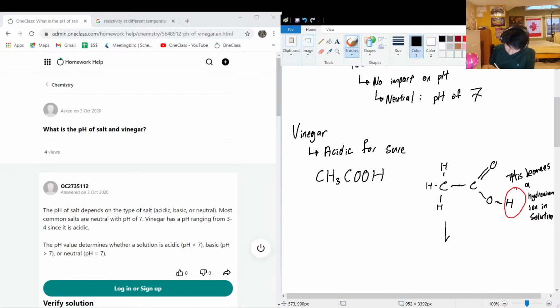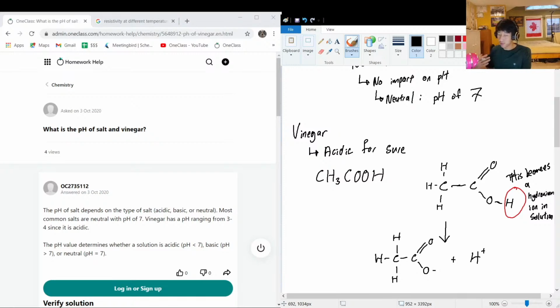Okay, so we'll get a little something like this. So we'll have H3C, C, O, O. There's a minus there now, and then plus H plus.